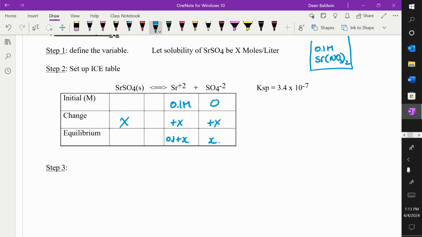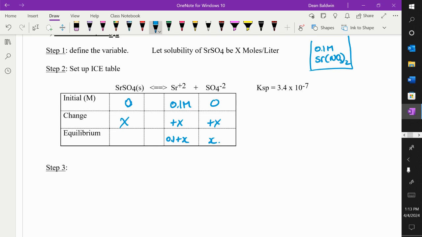Is that okay? Why are we leaving the solid blank? Well, this side is almost irrelevant because it's a solid. But I'm just saying initially in the beaker, I haven't added any of this yet, right? So I could put a 0 there if you want. Okay. So 0. But we do have strontium. That makes sense? Okay.